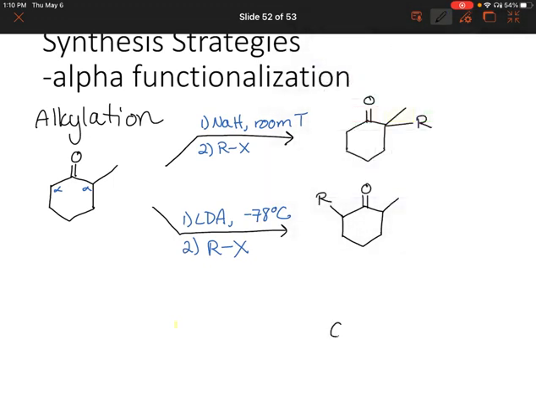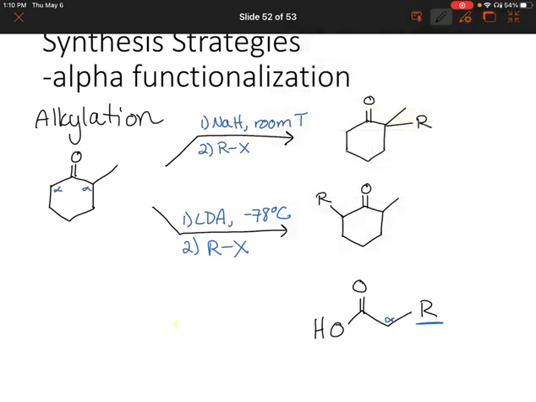So let me draw what I'm talking about here. We've got our carboxylic acid, we have our alpha carbon, and then this R group. So this would be malonic ester synthesis.